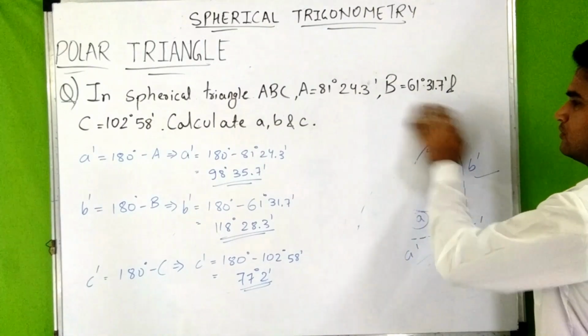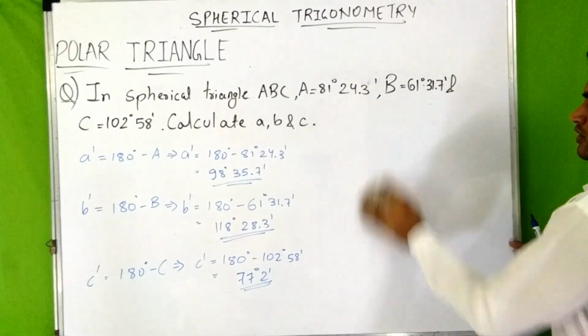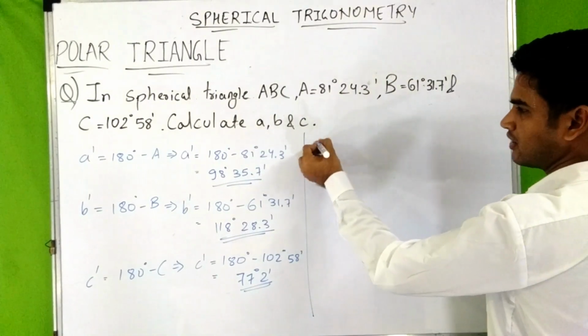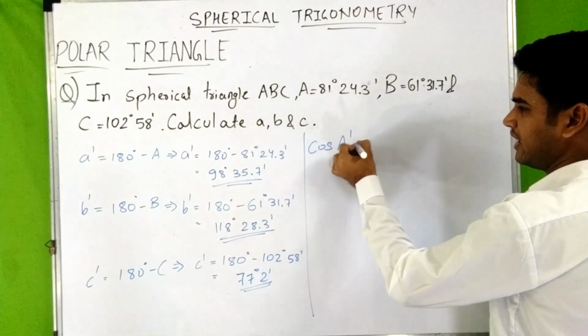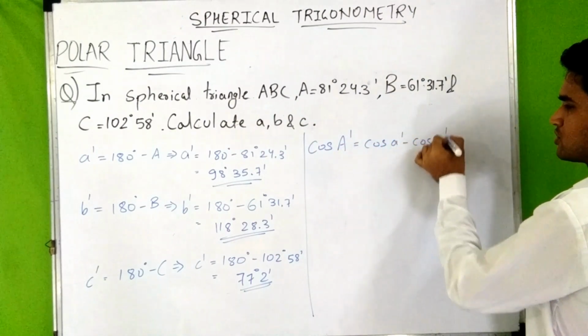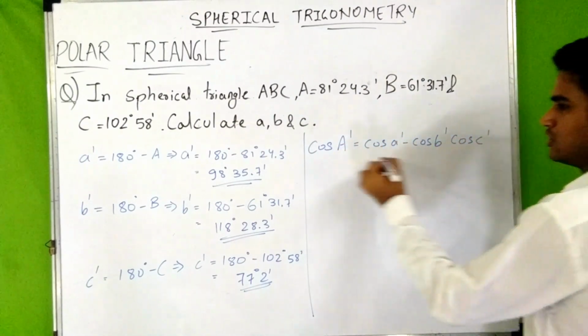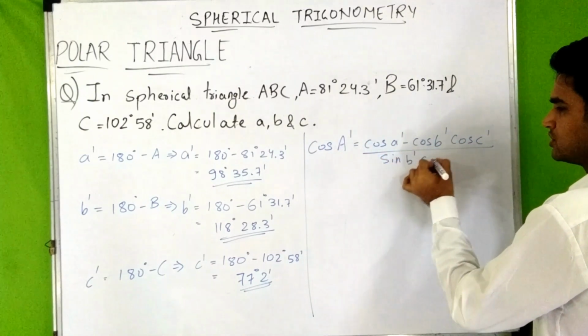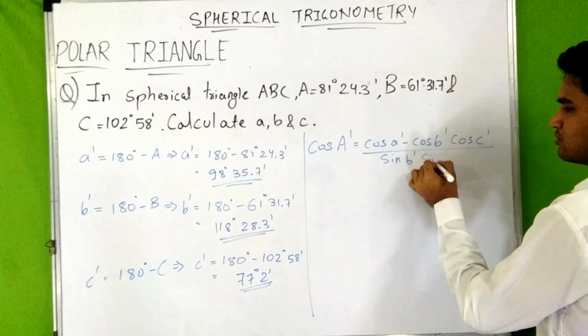So by cosine rule, we can say that cos capital A dash is equal to cos small a dash minus cos small b dash cos small c dash, whole upon sin small b dash sin small c dash.